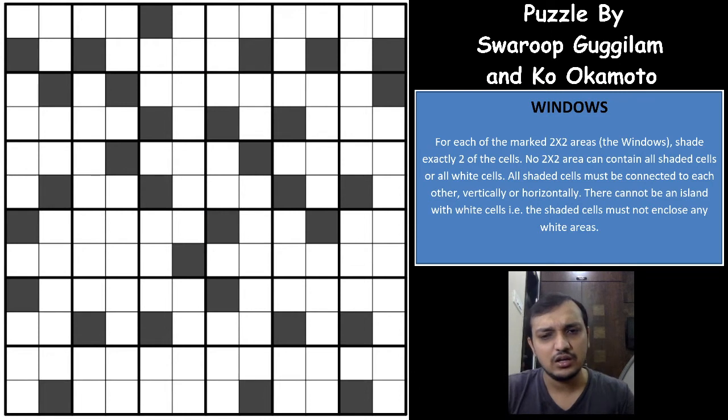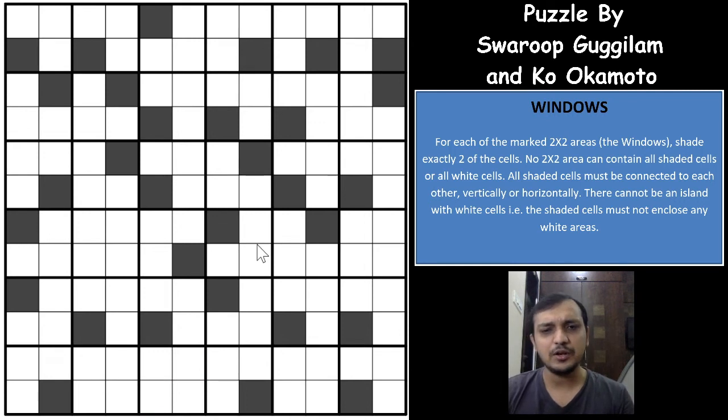Okay, so with that we'll start solving this puzzle. Sorry, I forgot one more rule: the shaded and the unshaded cells cannot form 2 by 2 groups. I mean to say that you cannot have a 2 by 2 group of cells fully shaded, or a 2 by 2 group of cells fully unshaded, anywhere in the grid. That is one of the other rules of the puzzle.